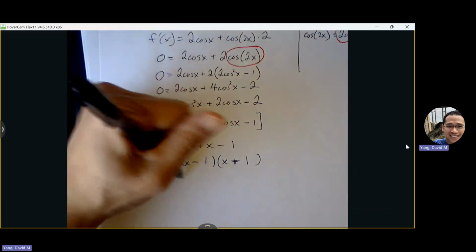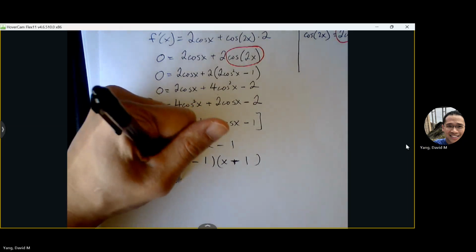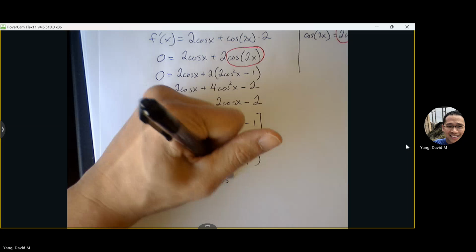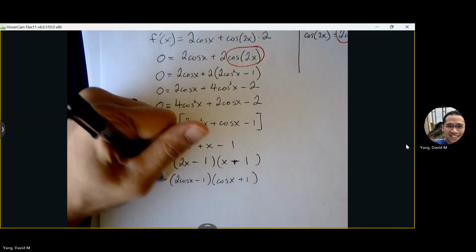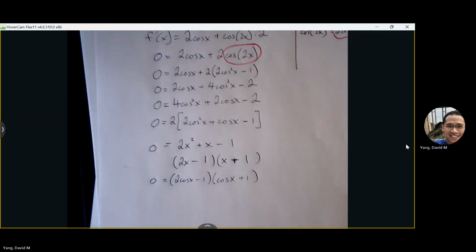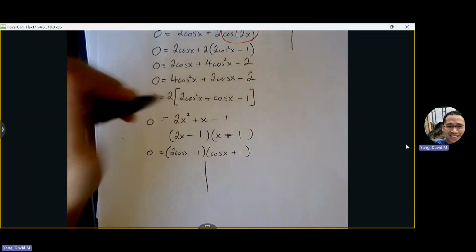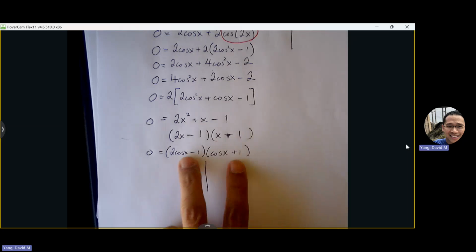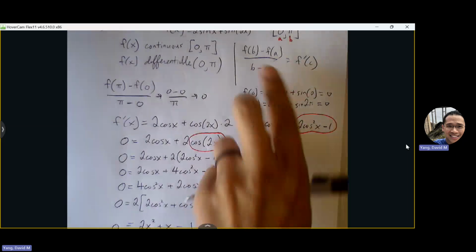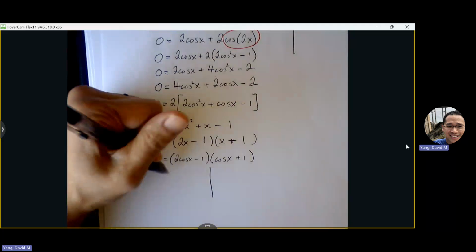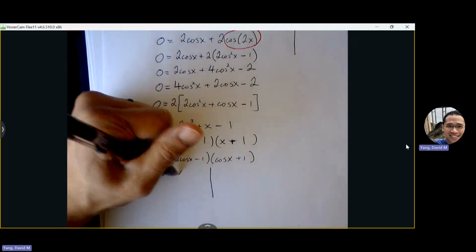Okay, so let's bring back cosine. Now that we have our factored form set equal to 0, we can set each part equal to 0 and solve for x. We're looking for an x value solution that sits between 0 and pi. That's our goal, and at this stage we're guaranteed to find at least one.